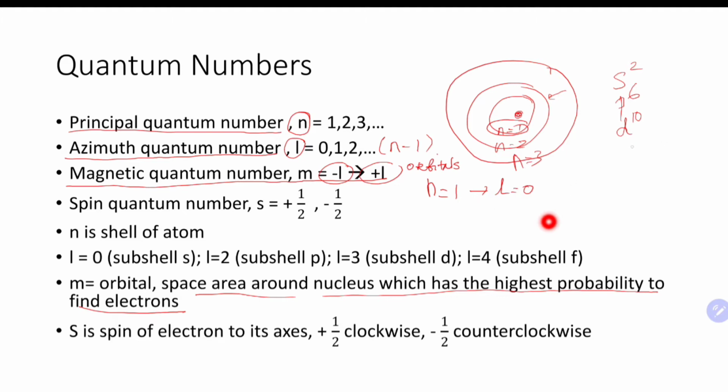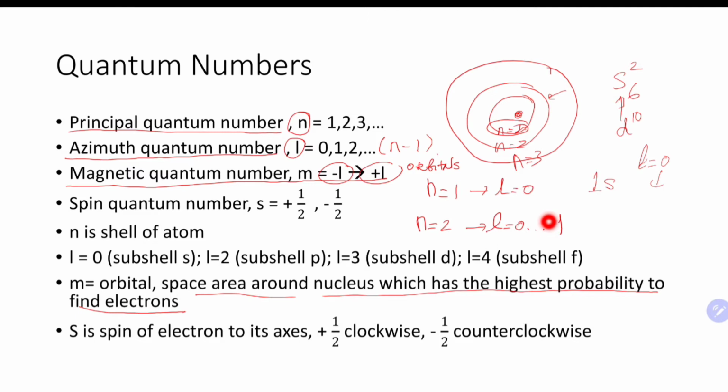So for the first shell, n is 1, the subshell is only s. So l=0 is subshell s. For the second shell n=2, l is 0 until n minus 1, that is 1.